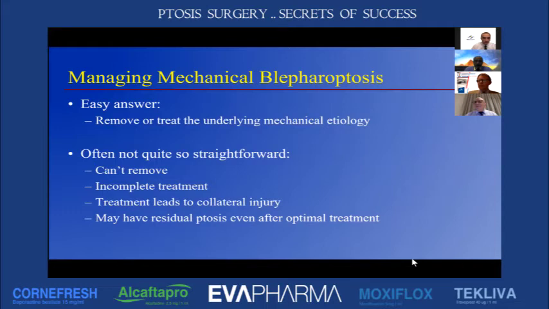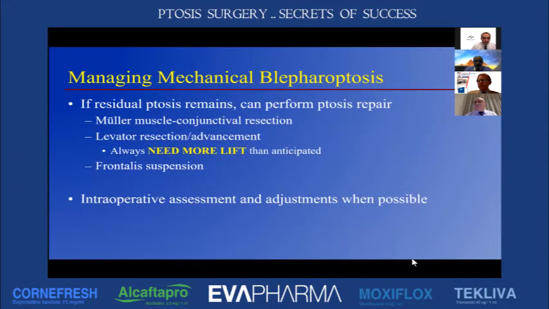So if a residual ptosis remains, I'm not really talking about the actual surgery for ptosis repair, because it's our standard ptosis repair approach. You can either do a Mueller's muscle conjunctival resection, levator resection, or an advancement. And when I do an external levator procedure, I always find that I need to do more aggressive lifting than I initially anticipated, or that I normally would have anticipated if it were just, say, an aponeurotic ptosis.